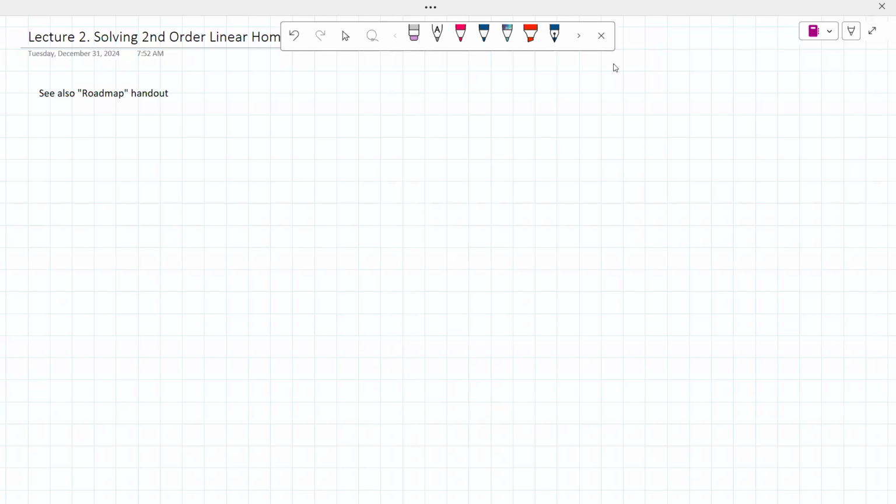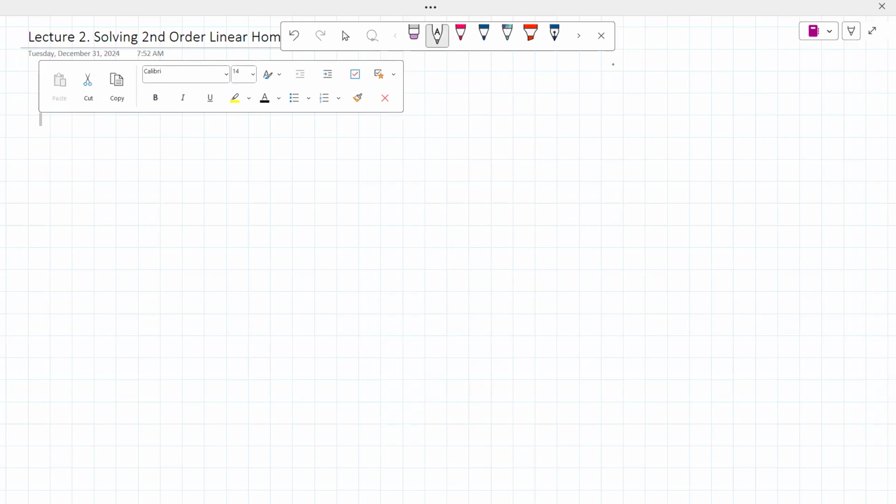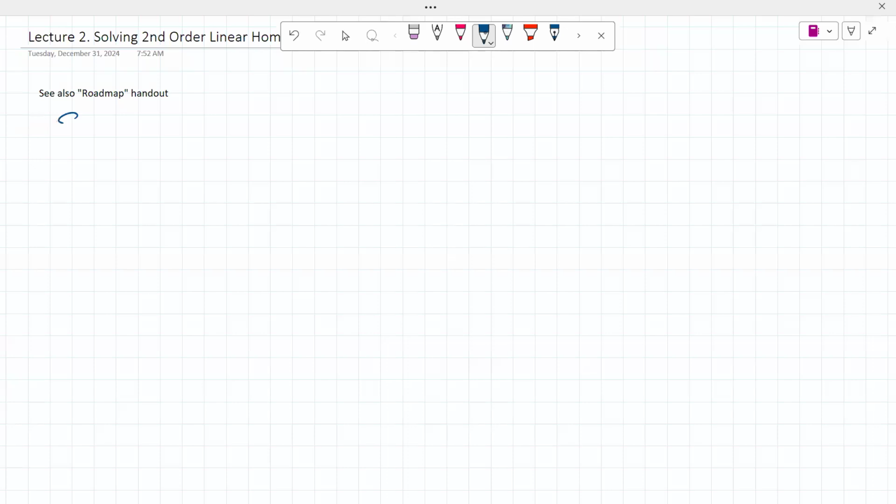Now, let's talk about the equations. Let's unpack what this actually is. So we have the second order. What does that mean?